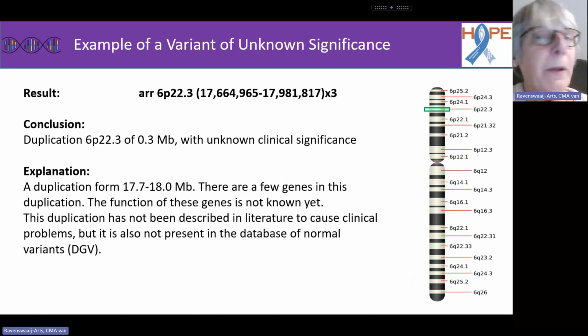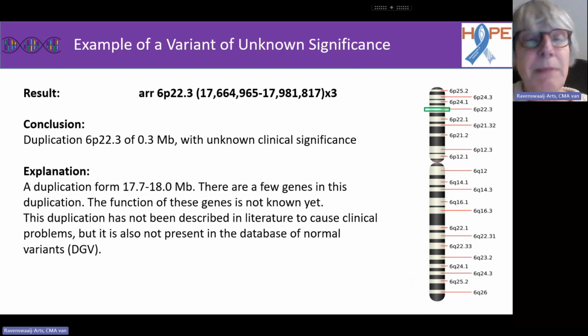The report gives also a bit of explanation about this. It says, well, it's a duplication from 70.7 to 18.0 MB. It's small, but there are a few genes in this duplication. The function of these genes is not known yet, so we also do not know whether extra copies of these genes have a harmful effect.